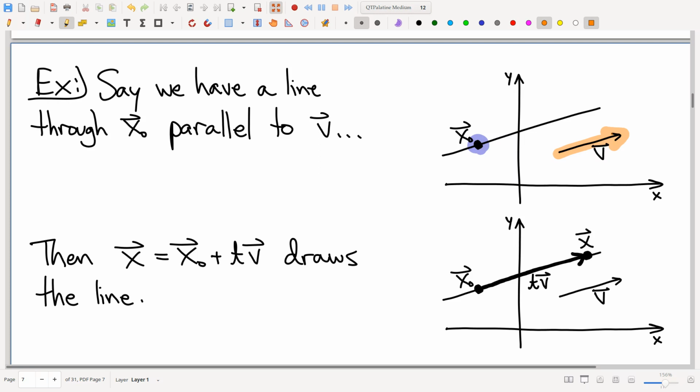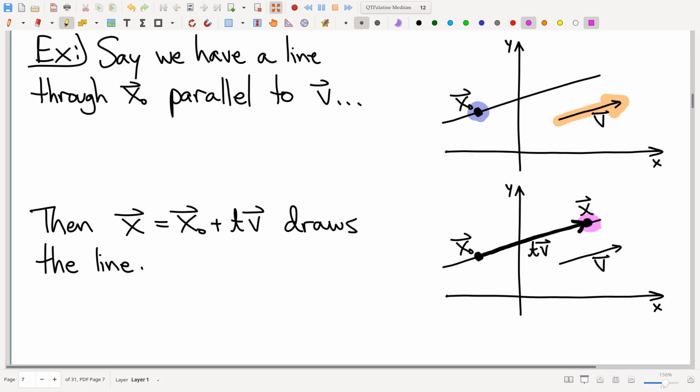So the neat observation to make is that for any other point x on the line, I can write a formula for this point using x naught and v. The way I do that is by observing that the difference x minus x naught is parallel to the line, as is v.